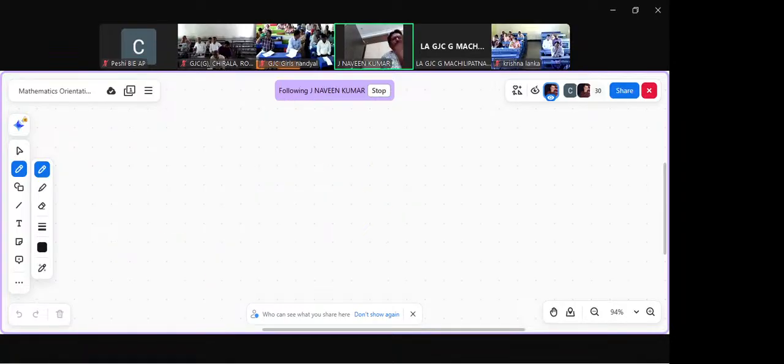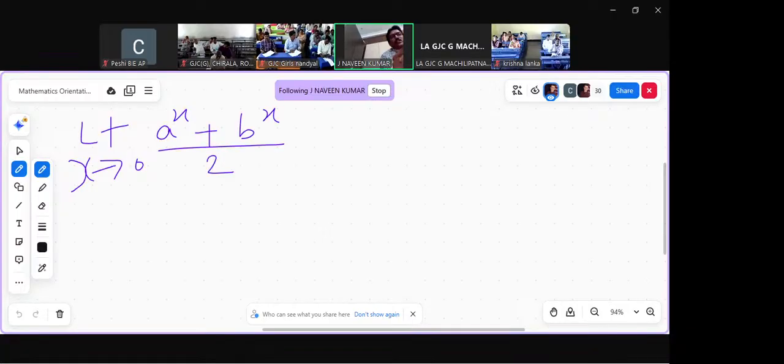For example, limit x extends to 0, (a power x plus b power x by 2) whole to the power of 1 by x. You will observe that the base is 1 and the power becomes infinity, 1 power infinity.